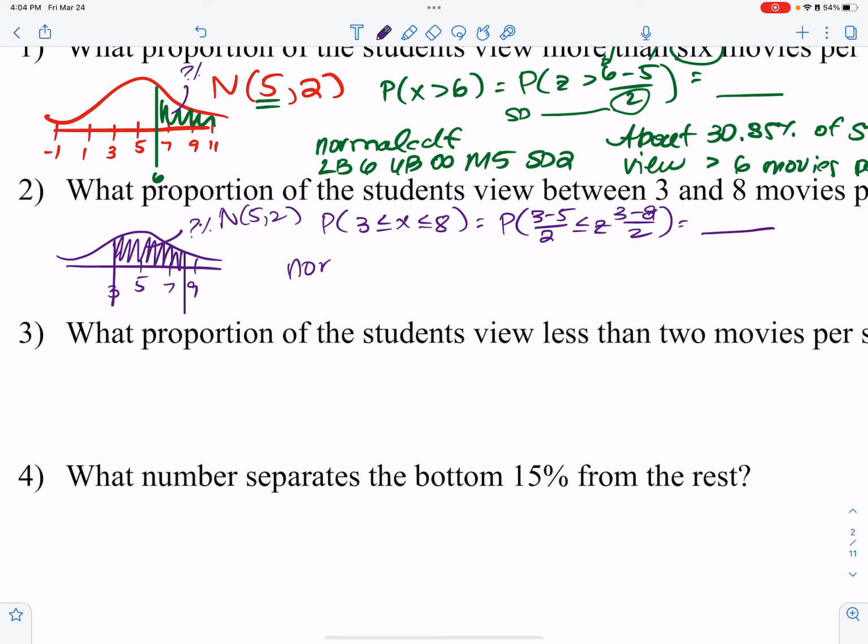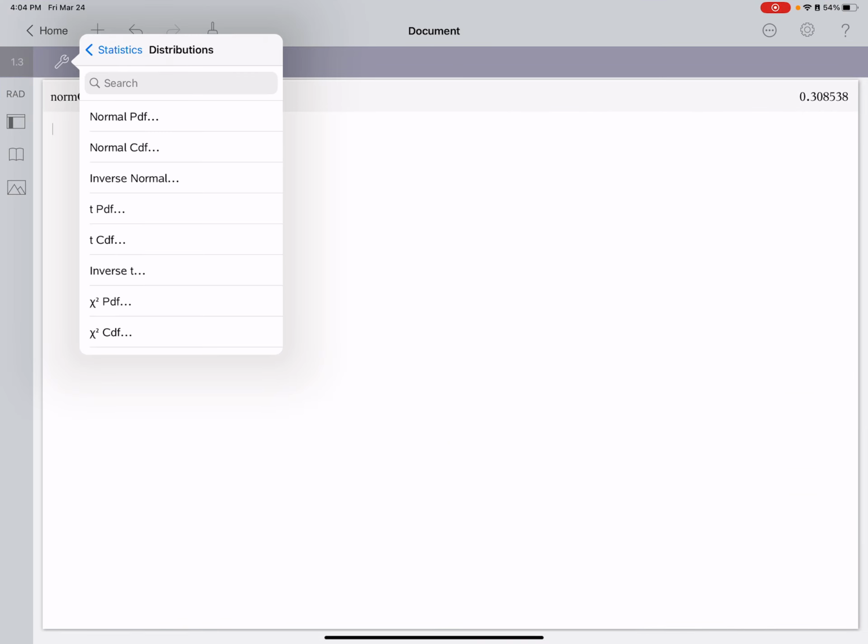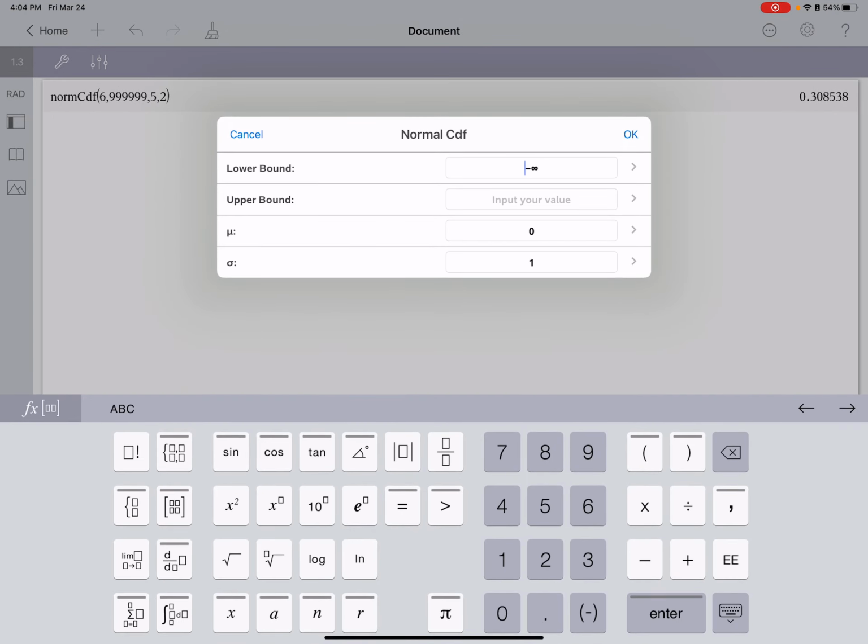Then I would just type out normal CDF, lower bound 3, upper bound 8, mean is 5, and standard deviation is 2. I'd come to my calculator and go menu, stat, distribution, normal CDF. The lower bound is 3 because it's between 3 and 8, and then 5 and 2.